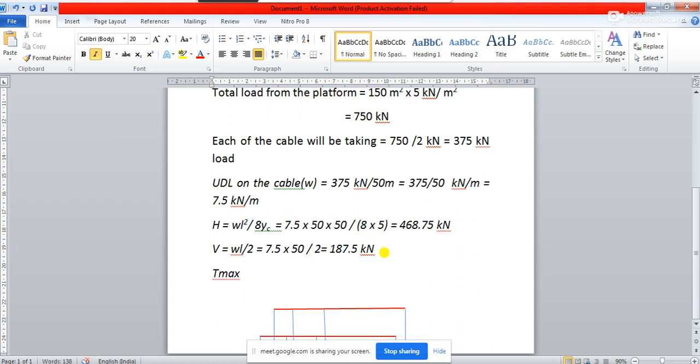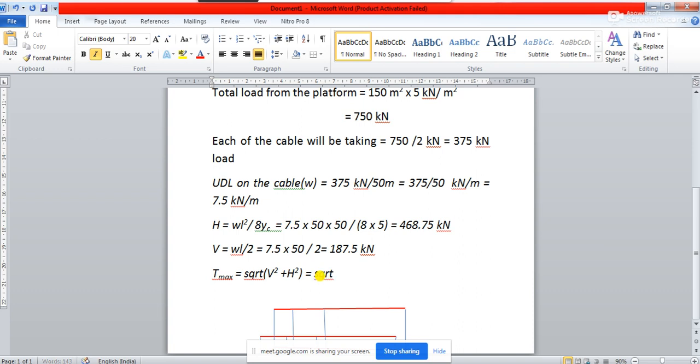T max, the tension in the cable, is equal to the square root of V squared plus H squared. So if you calculate it, you get the value.